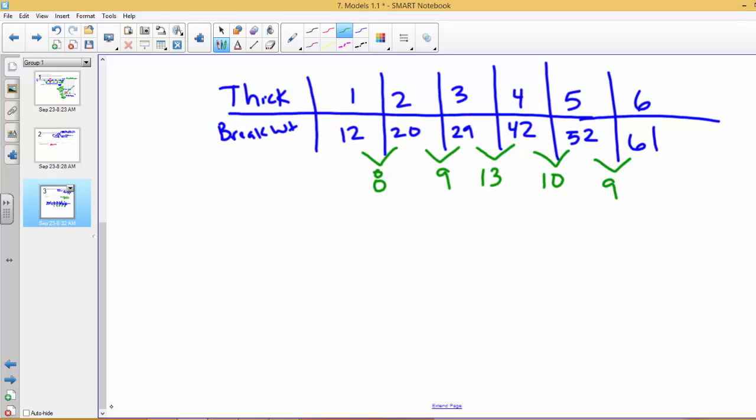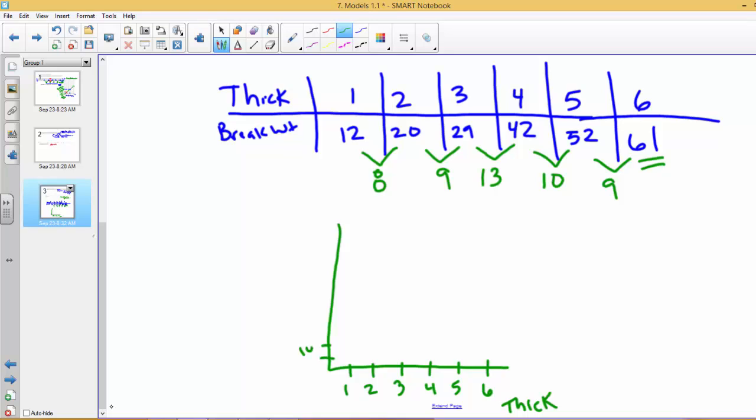The second thing you want to do is sketch a graph. So you're going to want to do this by hand as close as you can. So 1, 2, 3, 4, 5, 6. And you want to put the label. And we're going up to 61, so maybe count by 5s. And we'll just call this bridge break.